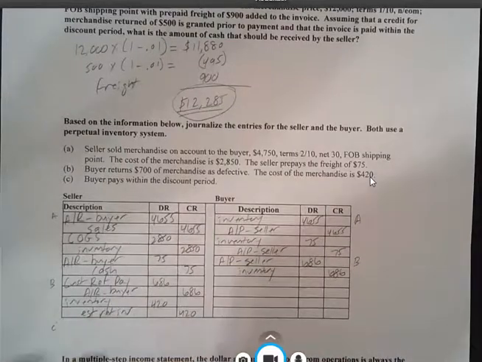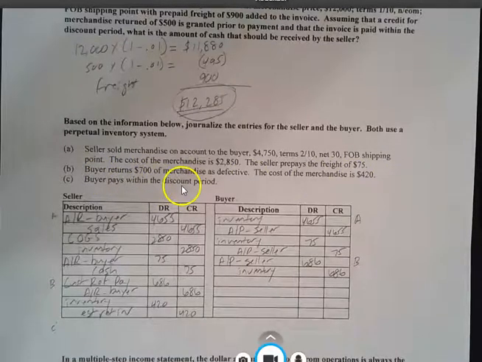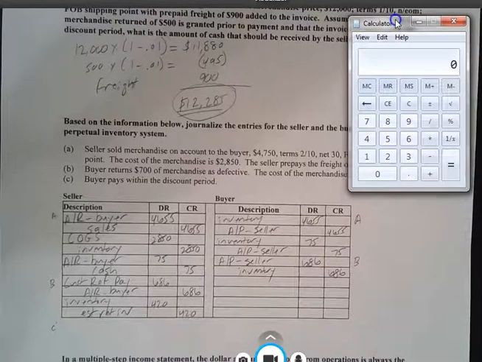Okay, I'm going to drop down here and look at C. It says buyer pays within the discount period. So we have to determine how much we're going to get from the buyer. We were originally going to get $46.55, but the buyer returned $686 of merchandise.